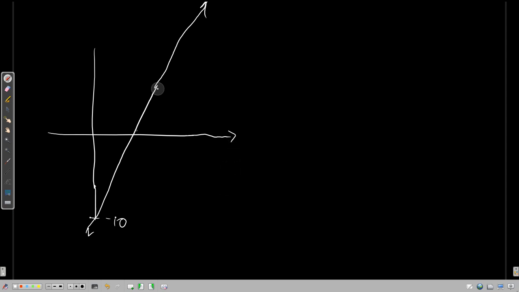Okay, I'm gonna wonder where it crosses right there. Oh, it's 4x minus 10, sorry. It's going to be 0 at 10 over 4, or 5 halves.